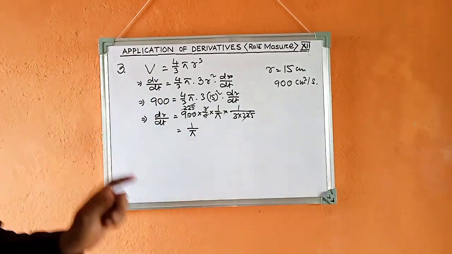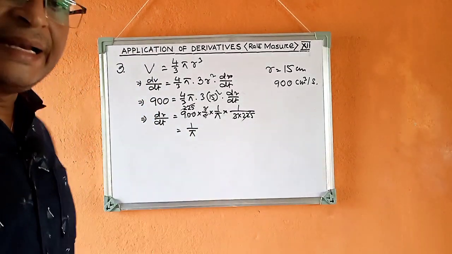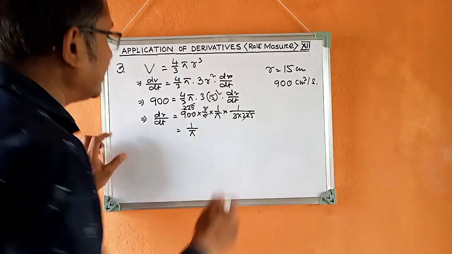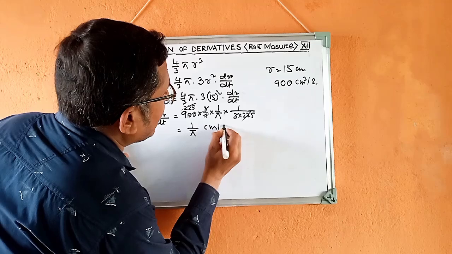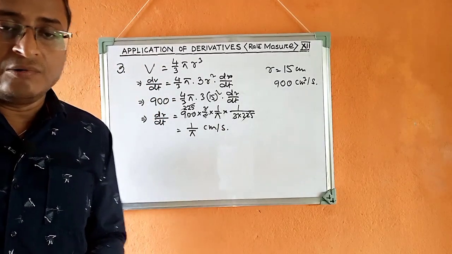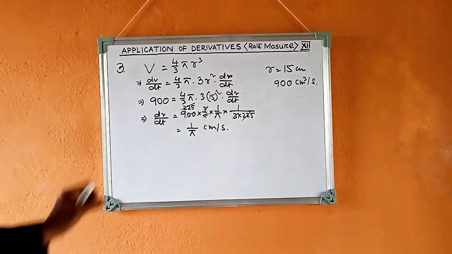That means the rate of change of the radius of the balloon is 1/π. The unit is centimeter per second. Okay, now come to the next one.